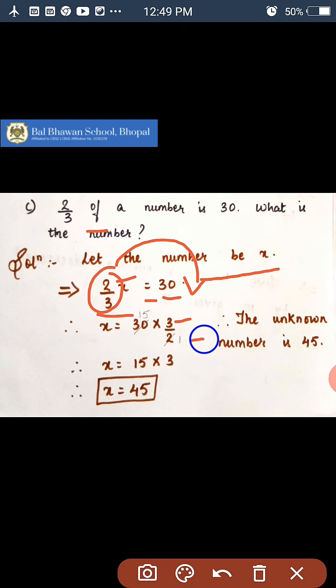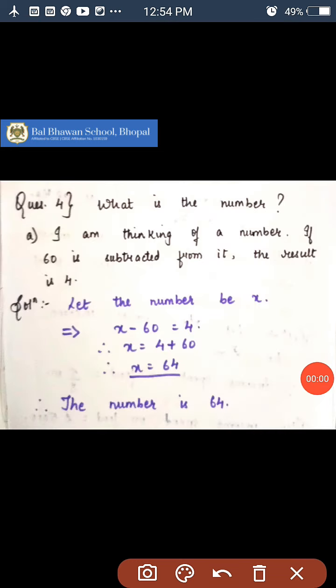Now let's do the cancellation. I can cancel: 2 1s are 2 and 2 15s are 30. So you are left with 15 into 3. And we know that 15 into 3 is 45. So the unknown number is 45.